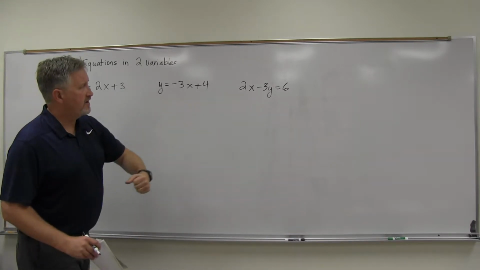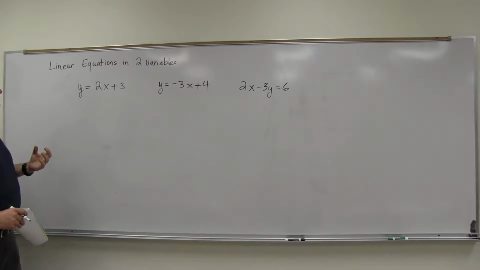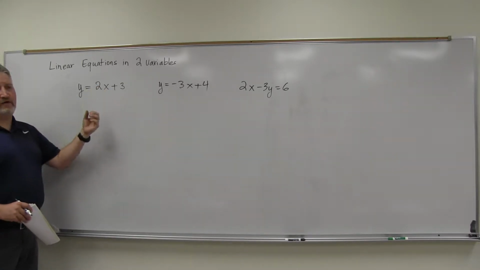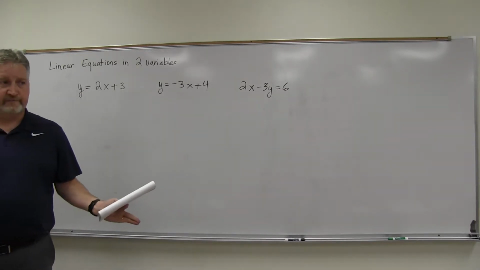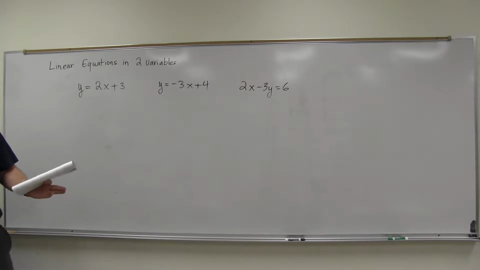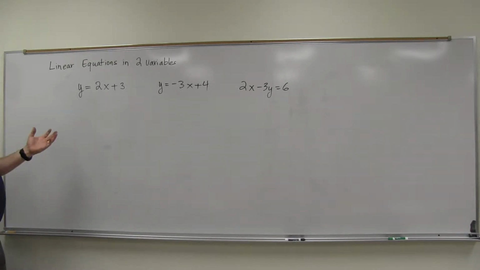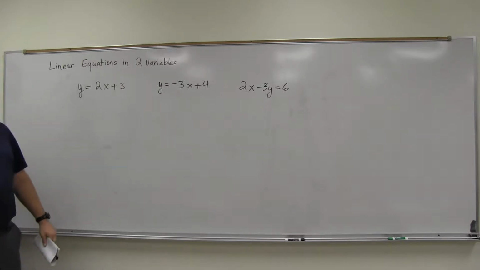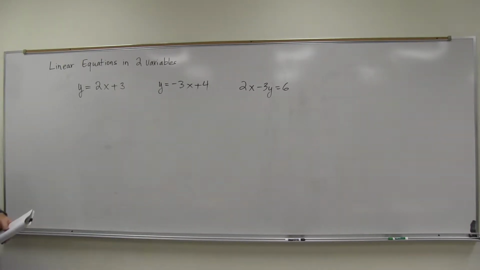I've written three of them up here, and the reason those are linear equations in two variables is that they're linear because the y and the x are both to the first power. We'll look at other equations in two variables where that is not the case, where you have different powers for at least the x. But for linear equations in two variables, it's y to the first and x to the first.